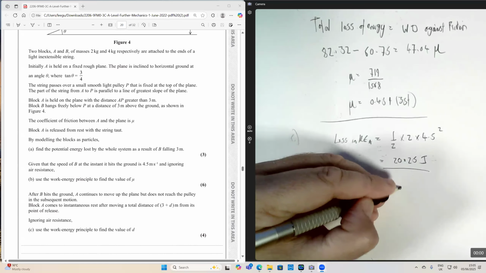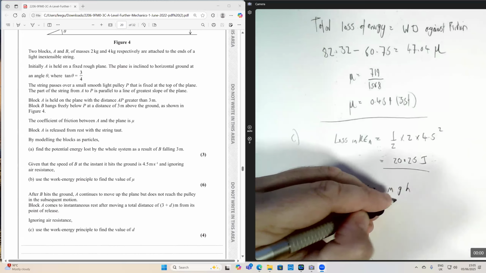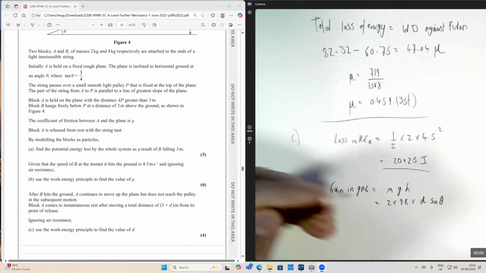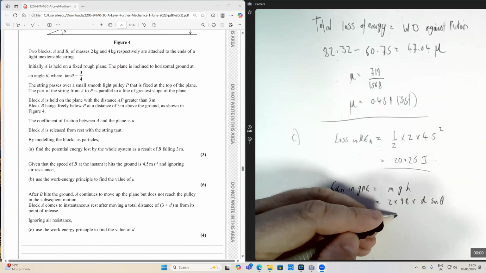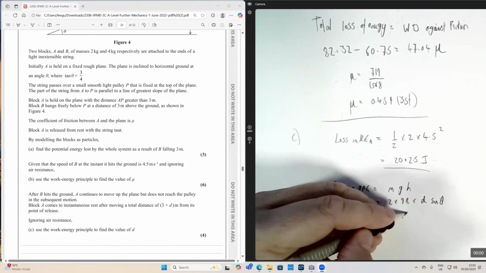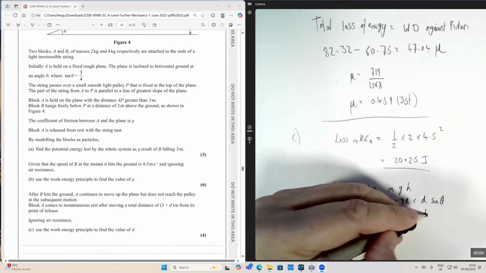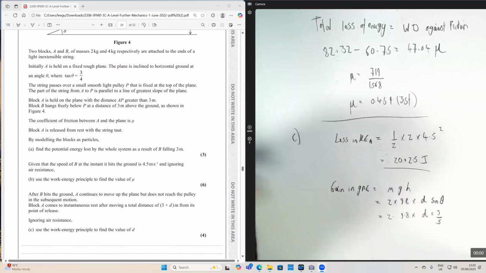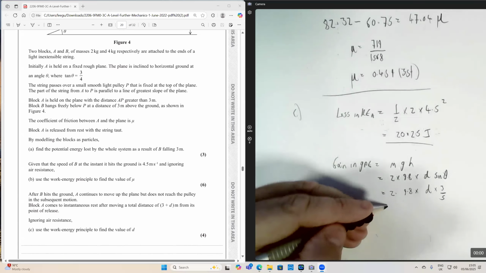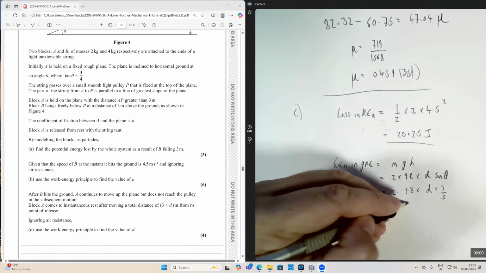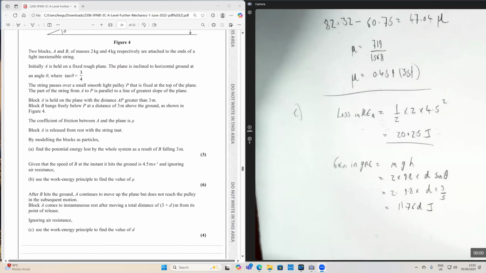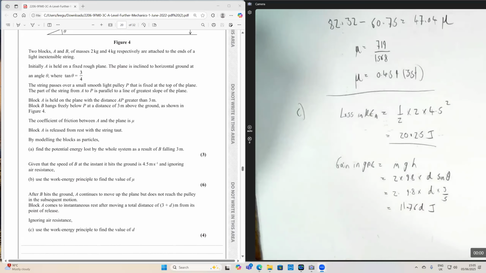So that is going to be mgh, which is 2 times 9.8 times d times sine theta, and sine theta is 3/5. We don't know what d is at the moment, but that is 11.76 d joules. We're trying to work out what d is.